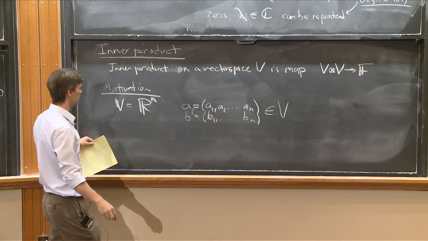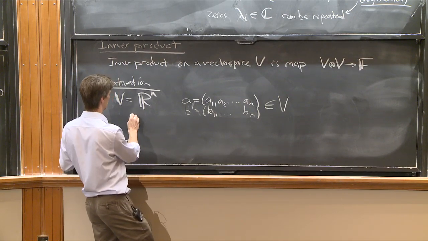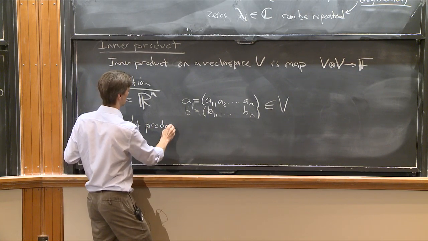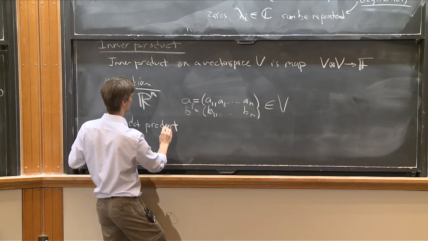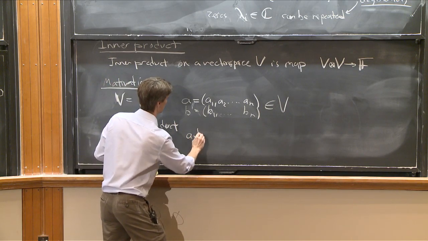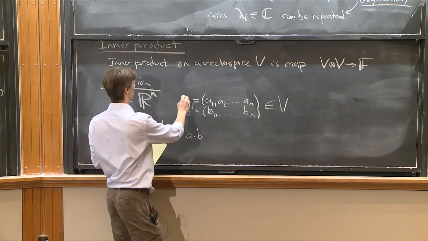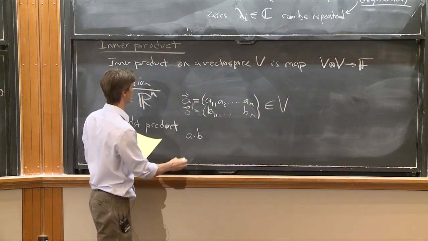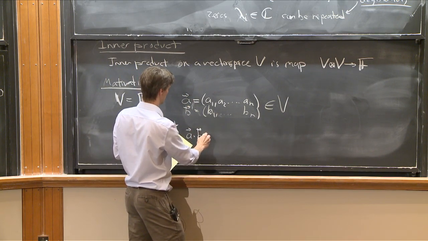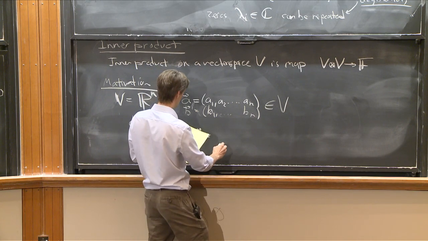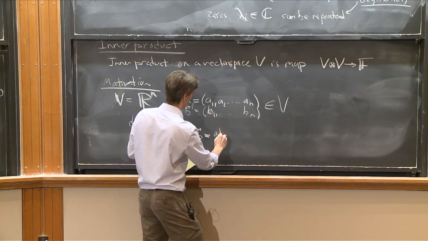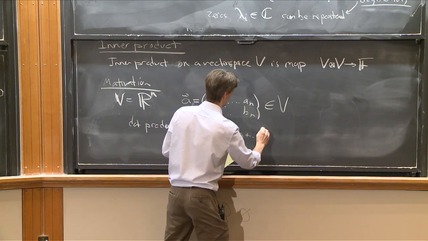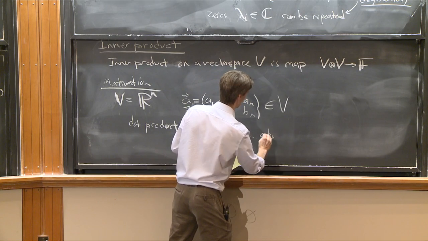Then we can define the dot product, which is an example of one of these inner products. So A dot B, we can even put little vectors over these. And so our definition that we've used for many years is that this is A1 B1 plus A2 B2 plus dot dot dot AN BN.